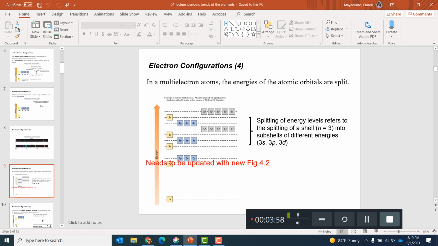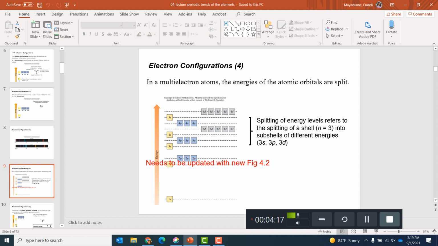In a multi-electron atom, we already discussed this a little bit. Very first, 1s is the closest to the nucleus. And then when 2 electrons fill, it goes into the second shell.